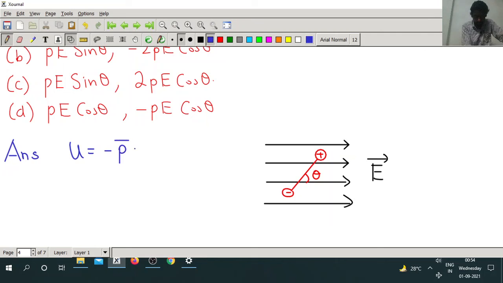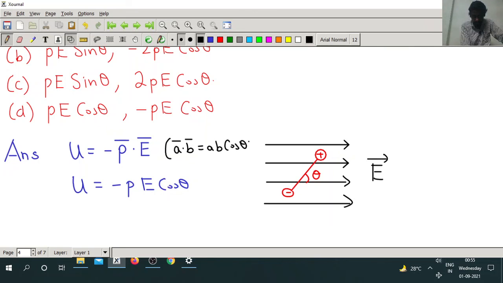Minus P bar dot E bar. It is minus P cos theta. Because it is a dot product, we have the formula A bar dot B bar is equal to AB cos theta. So if you take the initial potential energy at 90 degrees to be 0, then this is the expression for potential energy.